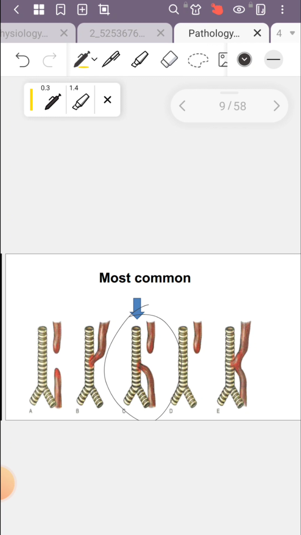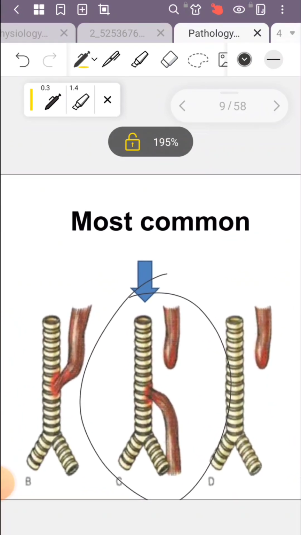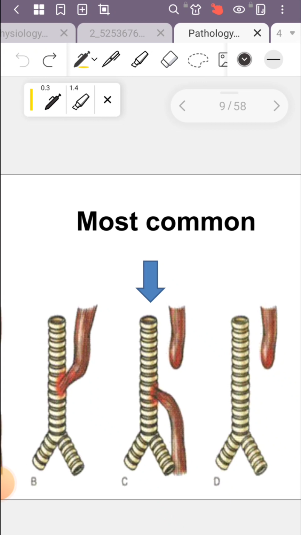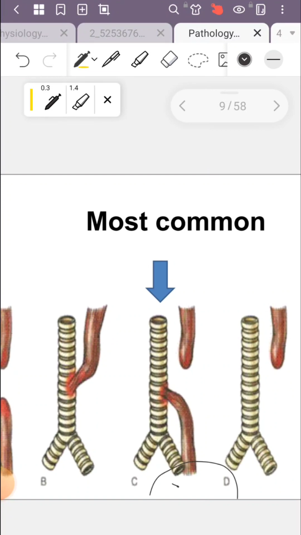Polyhydramnios. The second presentation, what do you expect after that? Yes. Aspiration pneumonia after ingestion. Good. What else? The lung is connected to the esophagus, so what will happen? Air will go to the stomach, because the esophagus is connected to the trachea, so there will be abdominal distension.